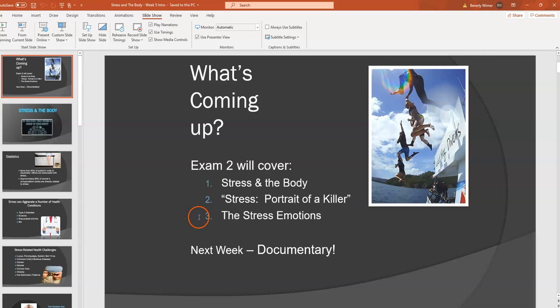And then the third section is called the stress emotions, which I think is a very cool section. We actually get into talking about anger and fear and how we are coping with those emotions. So that is the plan in terms of coverage before our second exam.